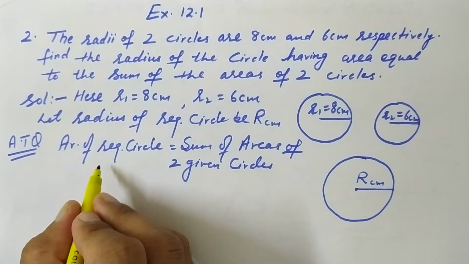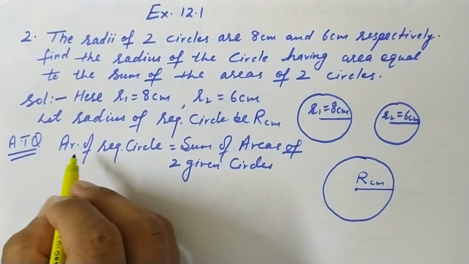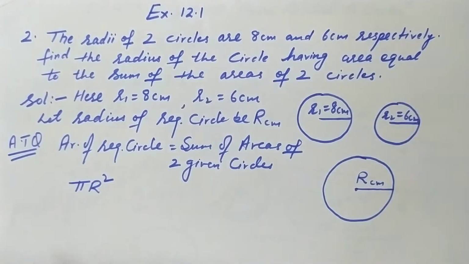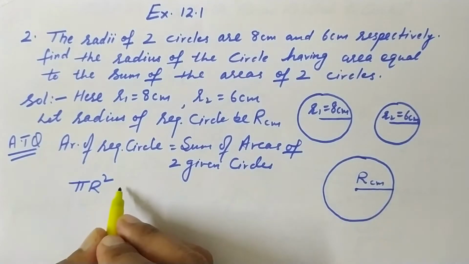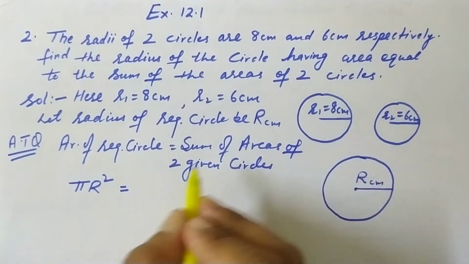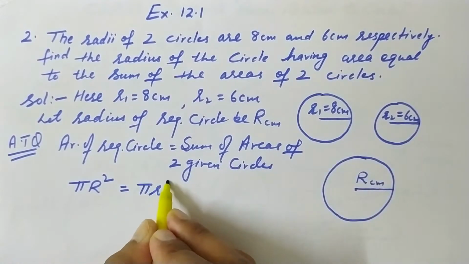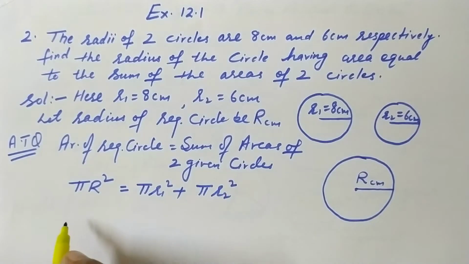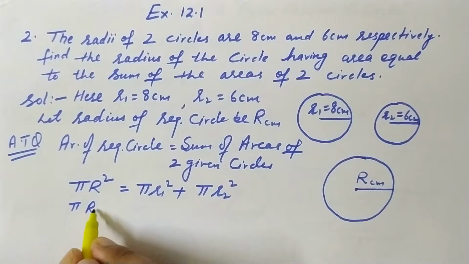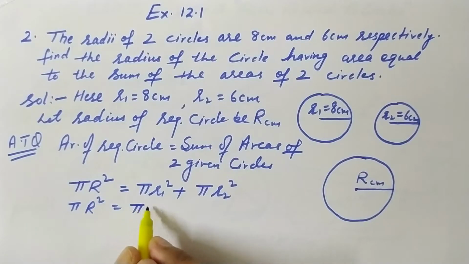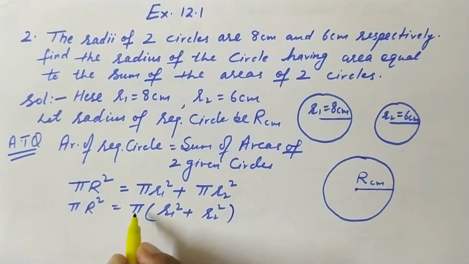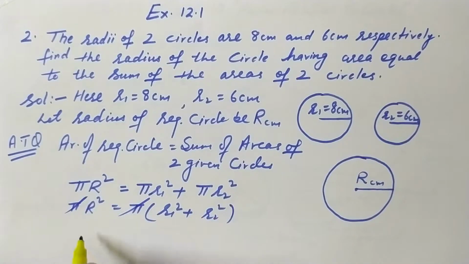So what is the area of a circle formula? Pi r square. So the area of the required circle is pi capital R square, because I assumed the radius to be capital R, equal to the area of the first circle, pi R1 square, plus the area of the second circle, pi R2 square. On the right hand side you can take pi common. What is left inside? R1 square plus R2 square. So pi cancels.